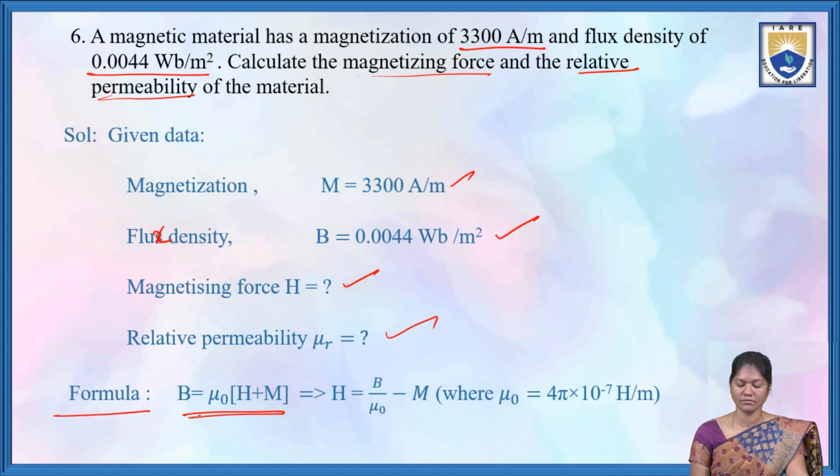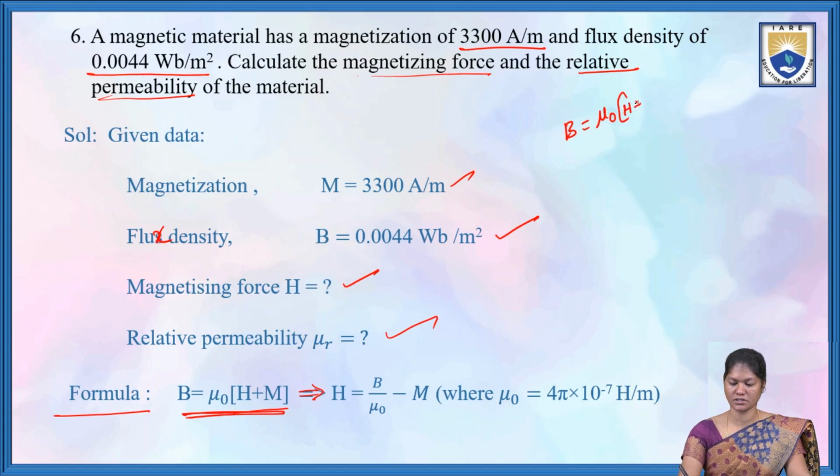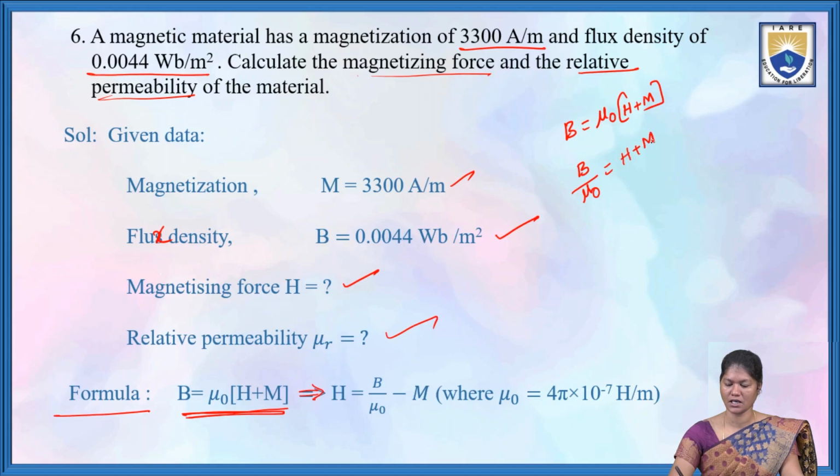So from this formula, H is equal to B by mu naught minus M. B by mu naught is equal to H plus M, so B by mu naught minus M is equal to H. So H, the magnetizing force, is equal to B by mu naught minus M.